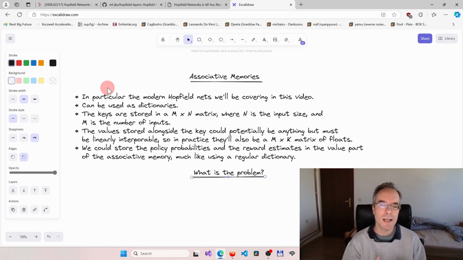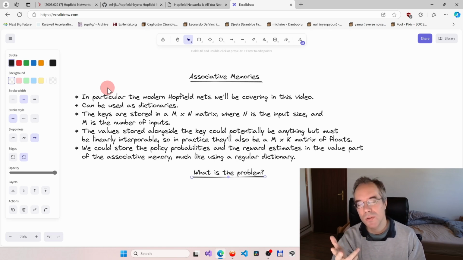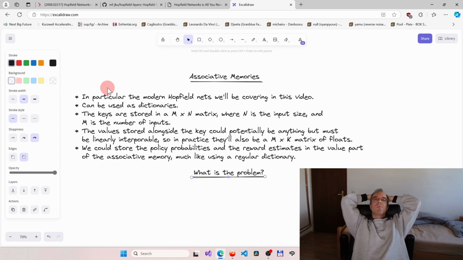So there'll be an m by k matrix of floats. We could store the policy probabilities and the reward estimates in the value part of the associative memory. So yeah, they're similar to a regular dictionary, but they have a probabilistic basis to them.